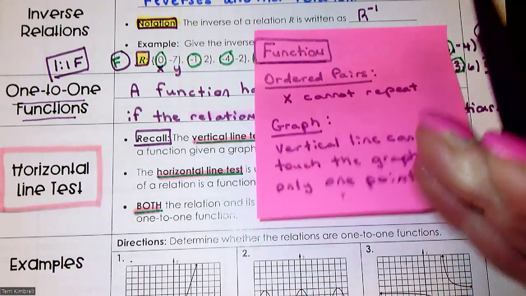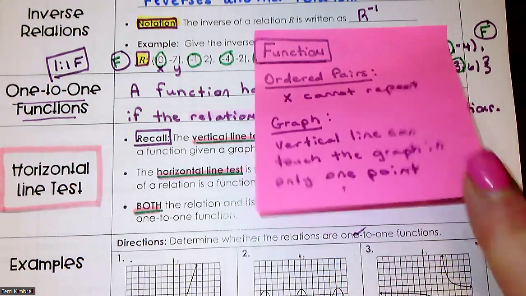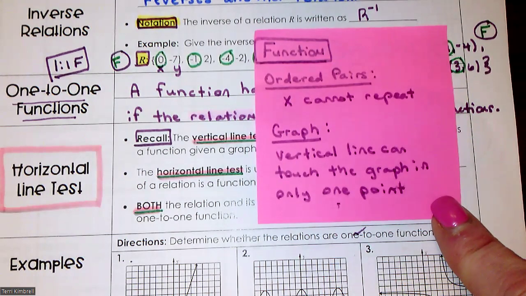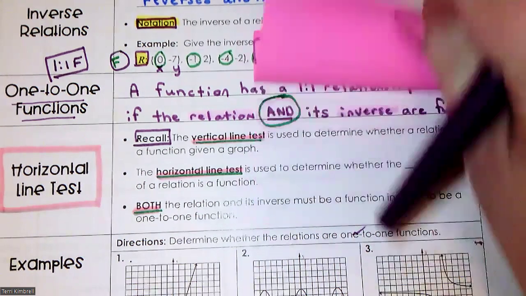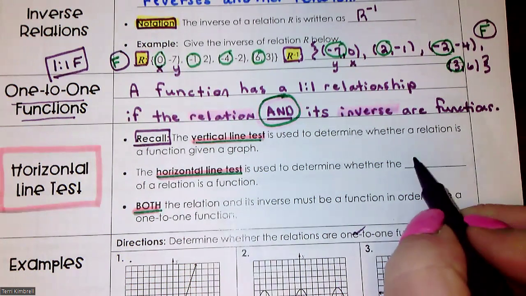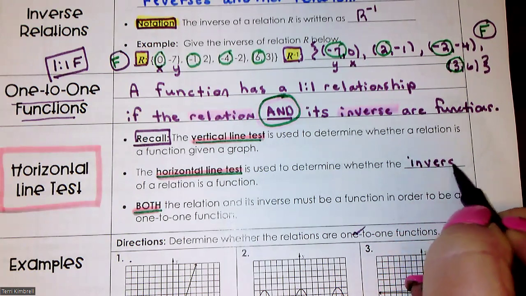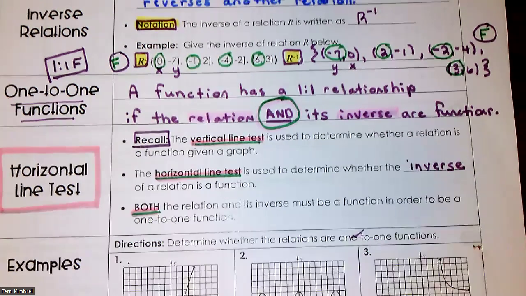So in order to be a function with a graph, you have to do the vertical line test. Now, to be able to determine if it is a 1 to 1, it must also pass what is called the horizontal line test. That helps determine if the inverse is a function.